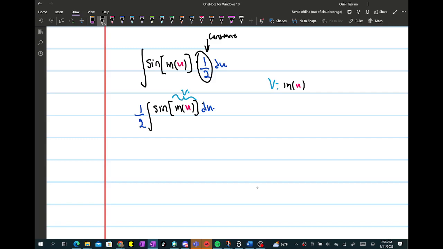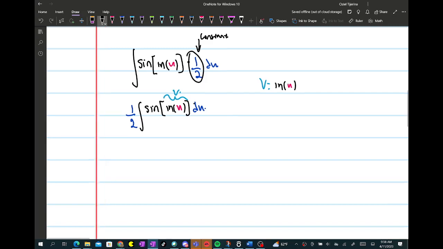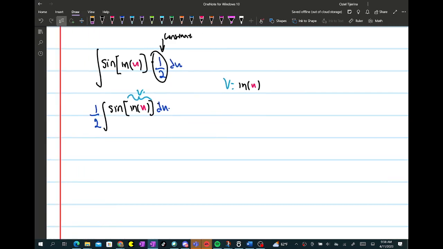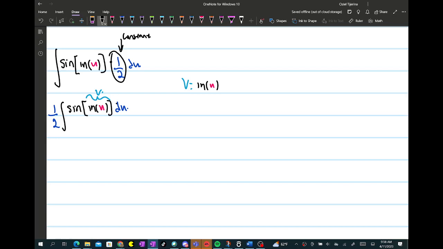du over e to the v. So this is du, right? Basically what I'm going to do is solve for u in this formula. I basically use base e to solve for u, because e to the ln of a is a, since the e and natural log cancel out.